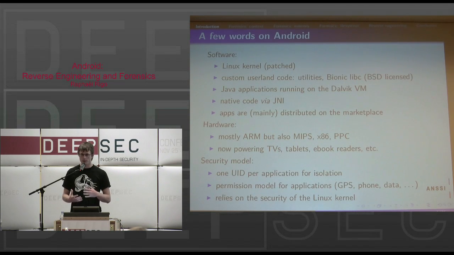This model is really interesting. But in the end, everything relies on the Linux kernel for security. If you have a vulnerability in the Linux kernel that allows you to run as root, then everything falls down. And the Linux kernel is not really well known for its perfect security record.